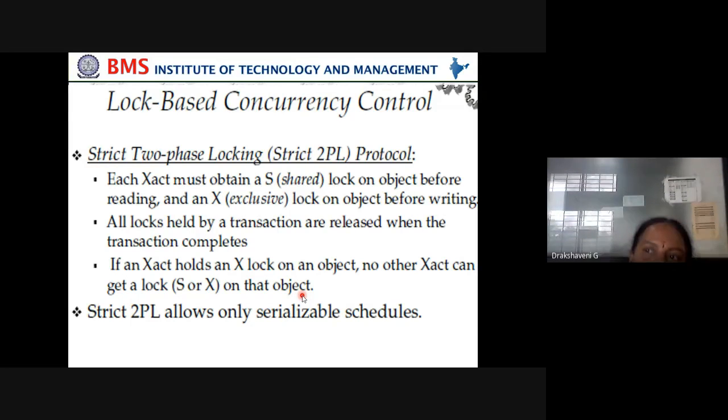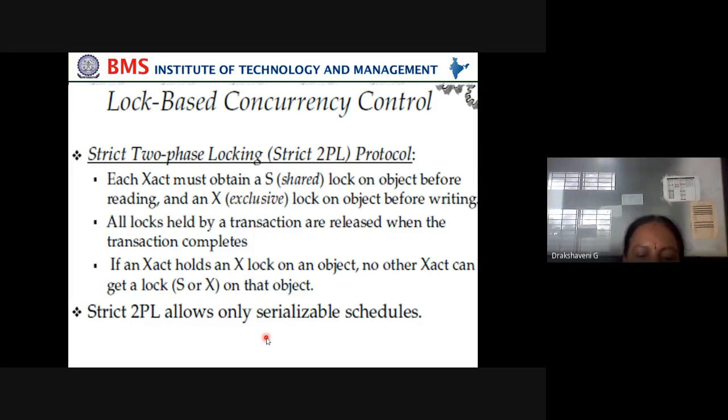A shared lock is used for reading. You're reading the minimum balance in your account and you want to withdraw the amount, then you can use an exclusive lock. So that's why strict two-phase locking is required, and the strict 2PL protocol should be followed. Strict 2PL allows only serializable schedules.